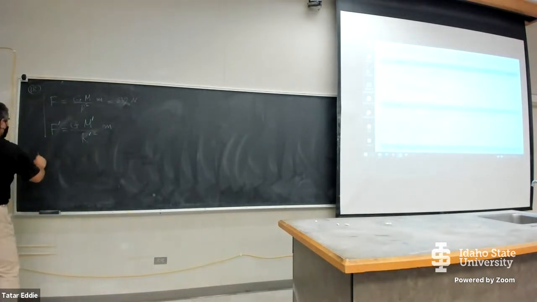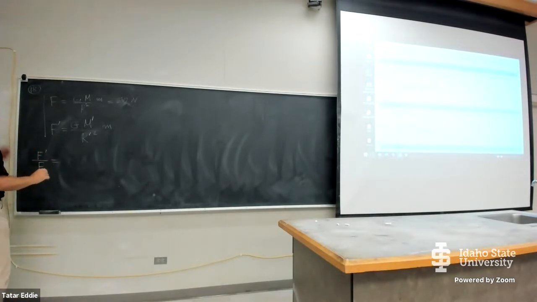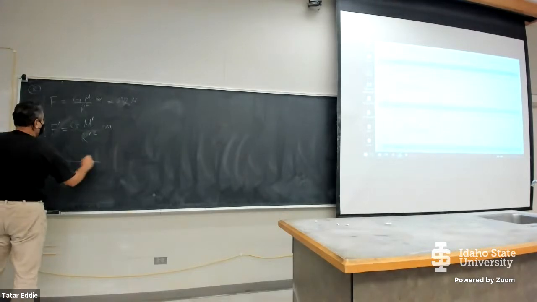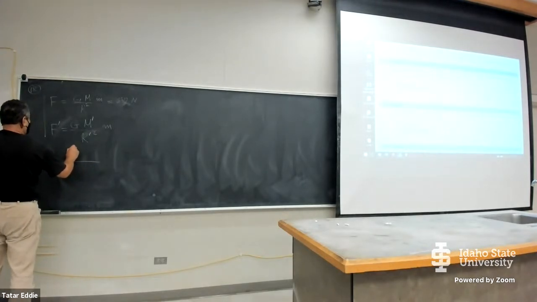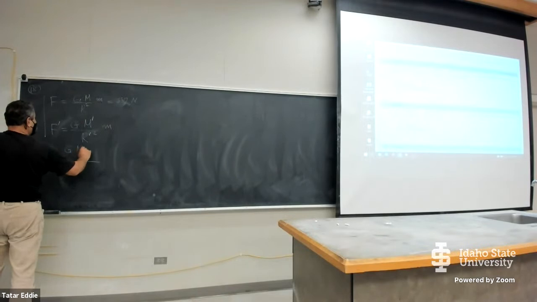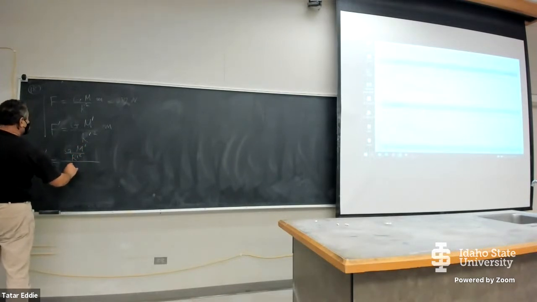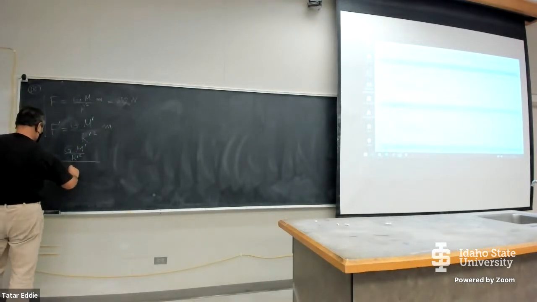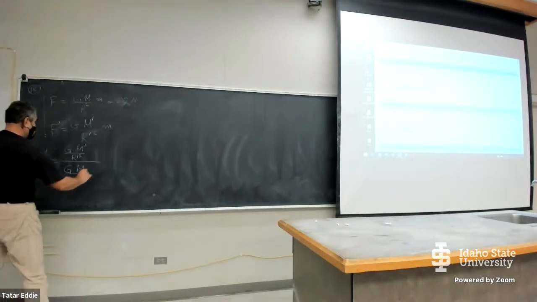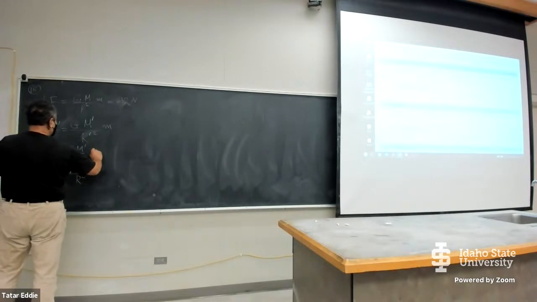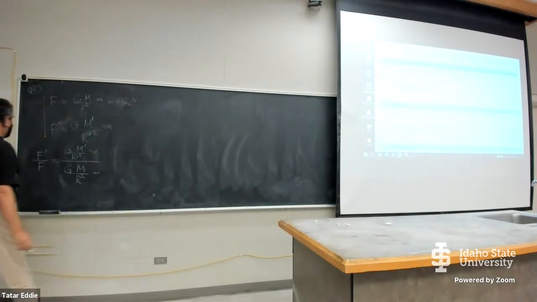So divide F prime by F. The result is going to be G times M prime divided by R prime squared, and all of this divided by G times the mass of the planet Earth divided by the radius of the planet Earth squared, and mass times mass here. And now the cancellations are going to be something like this.